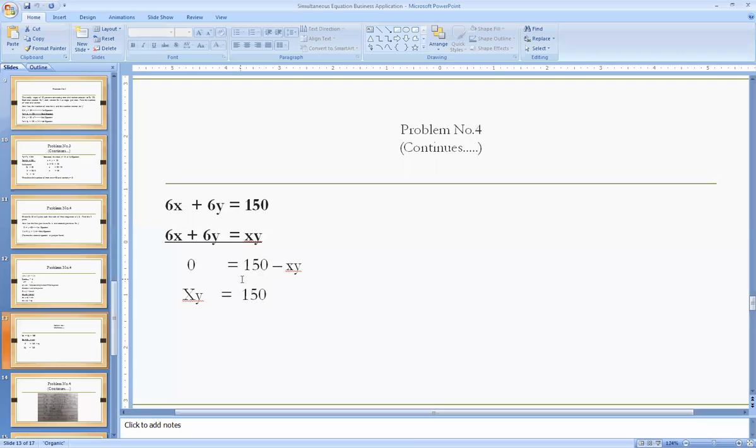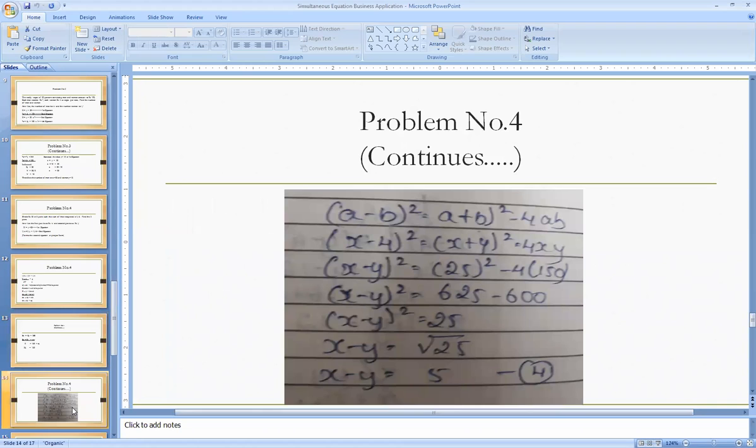Only the remaining values we are going to see is on the right side, 150, and the plus value has become minus after changing the signs, that is minus xy. So this xy we have to shift to the left side, because at the left side it is 0, so the value of xy is 150. Now we'll have to see where we can substitute both the xy value as well as the x plus y values or x minus y values.